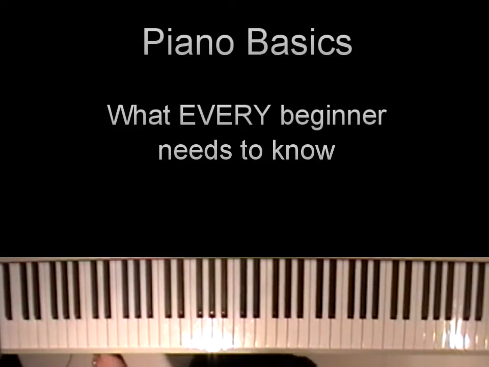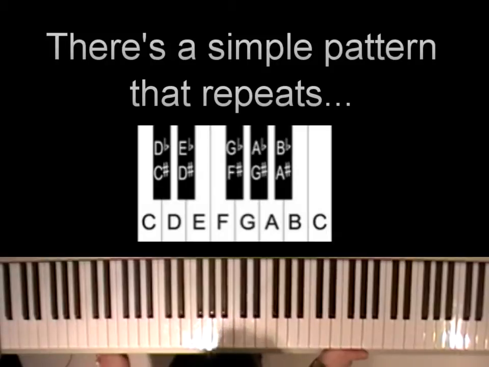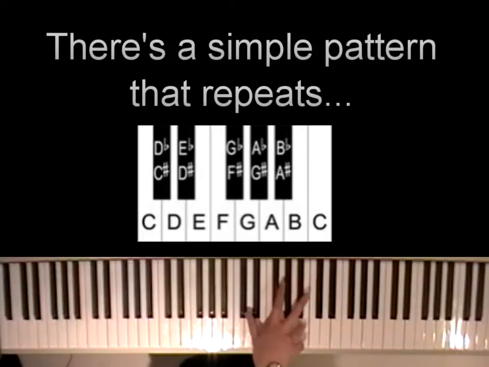I'm just going to give you a simple guide around the keyboard. If you looked at a keyboard and you're a complete beginner, you might think that all the notes mean something different, but actually they just repeat. You've just got a repetitive pattern. You have 7 white notes: C, D, E, F, G, A and B, and then you've got some black notes as well.